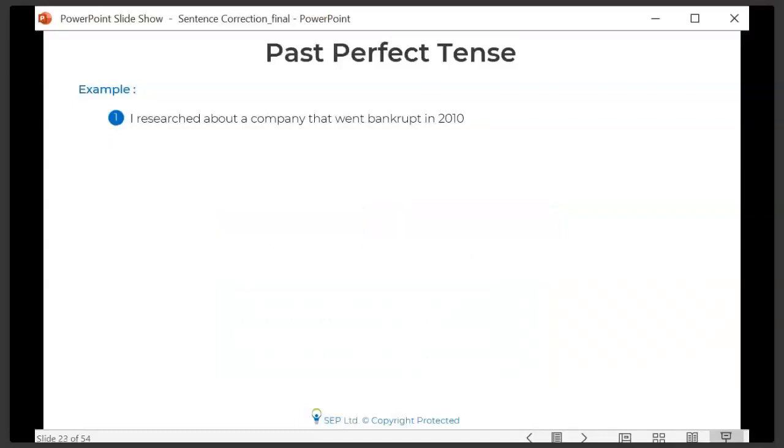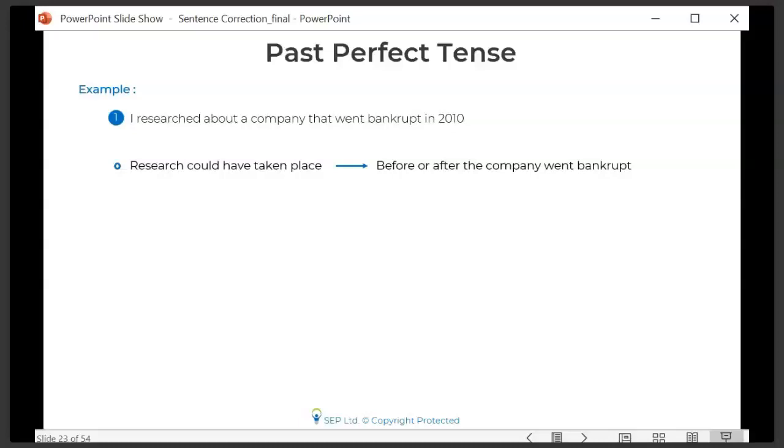In the first sentence, the research could have taken place either before or after the company went bankrupt, correct? Think about it. The research about a company could have taken place while the company was still functioning. It could also have taken place after the company went bankrupt, all right? So that clarity is missing here, okay?